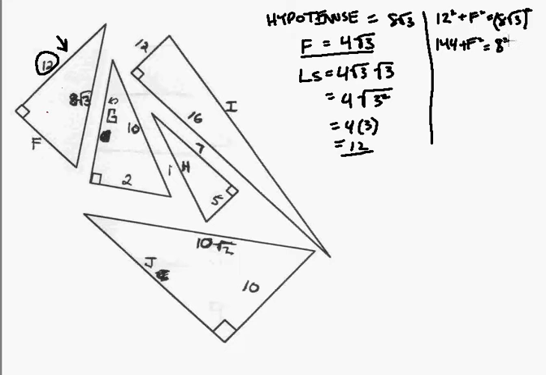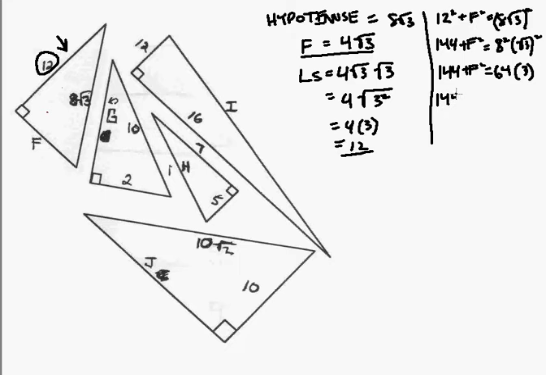And this is 8 squared times square root of 3 squared. Okay, so I have 144 plus f squared is equal to 64. And the square root and the squared cancel out, leaving you with just 3.